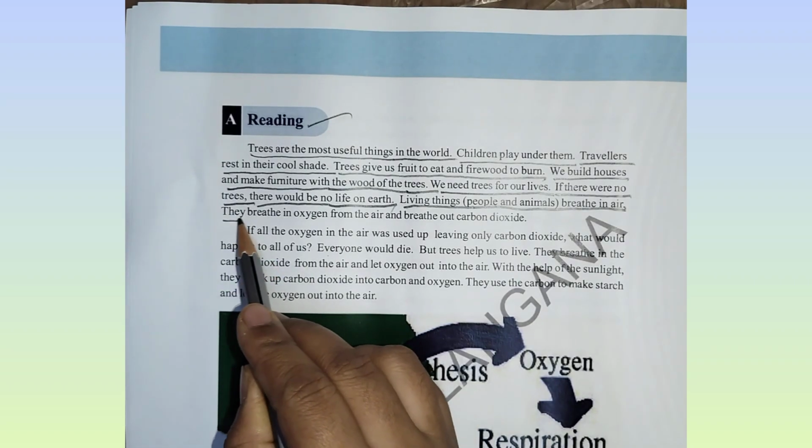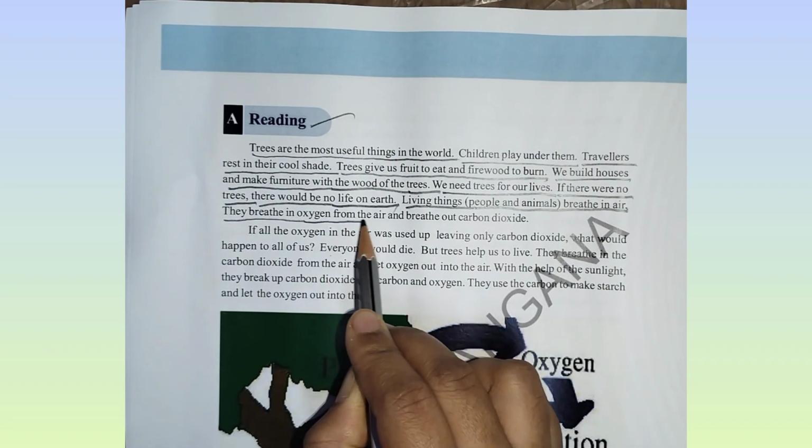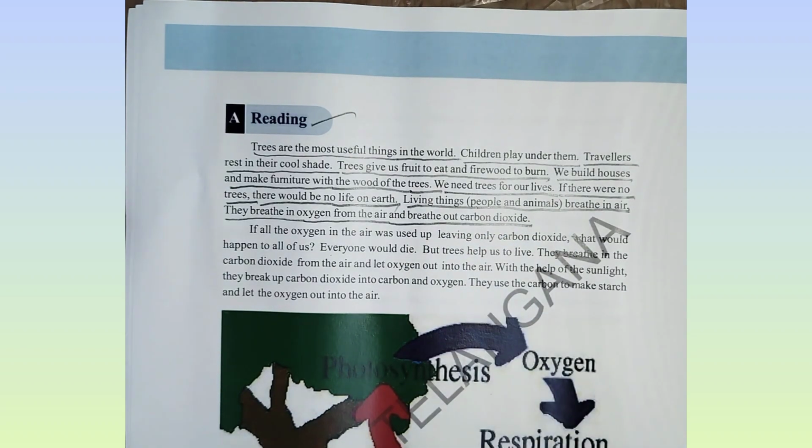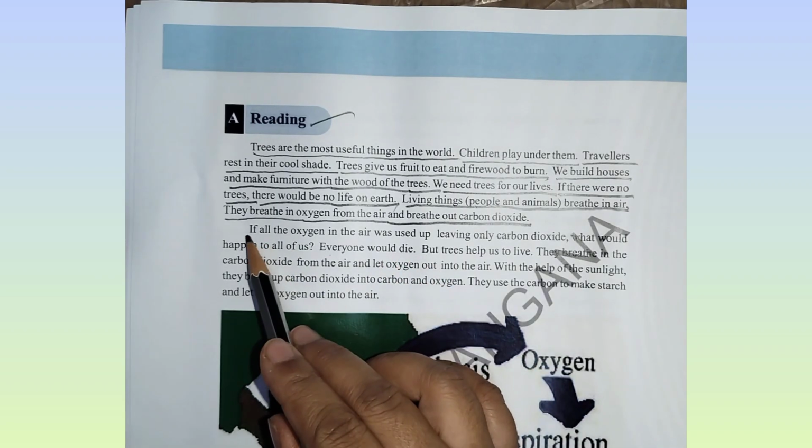They breathe in oxygen from the air and breathe out carbon dioxide. So the human beings and the animals, we take in the oxygen from the air and we release the carbon dioxide. That is what they are saying.